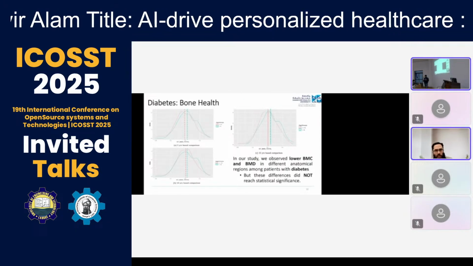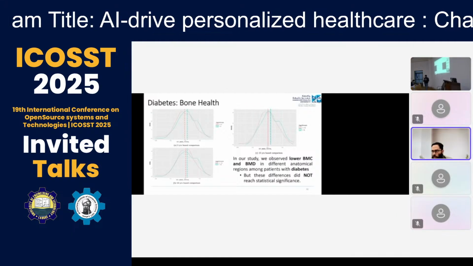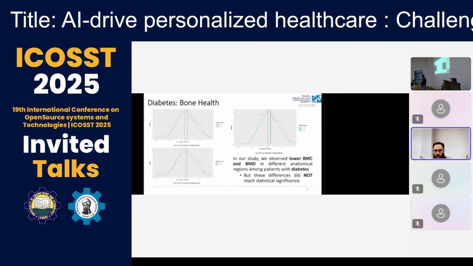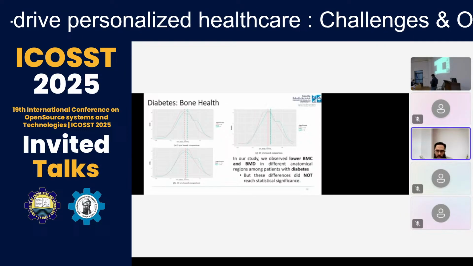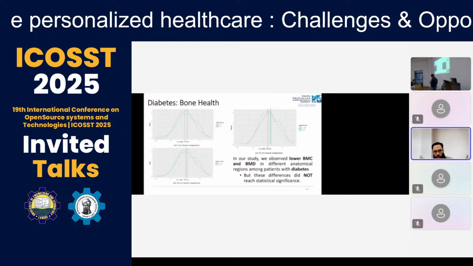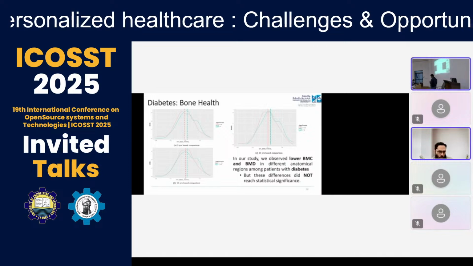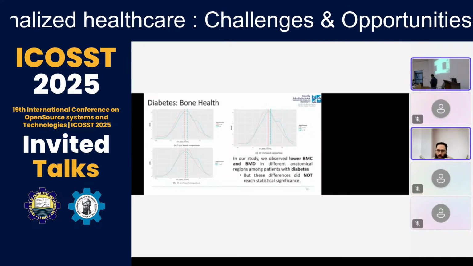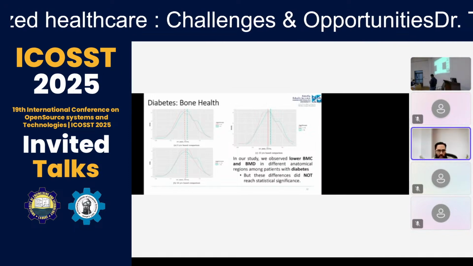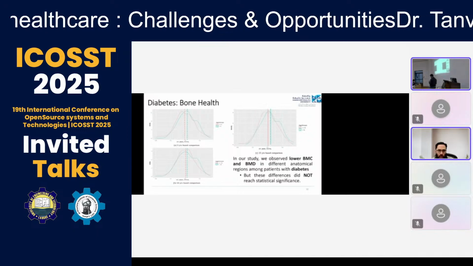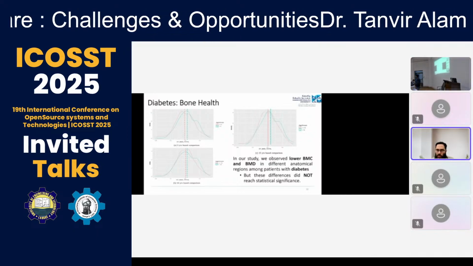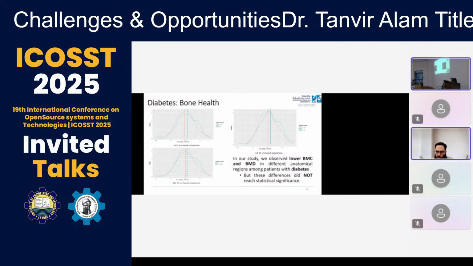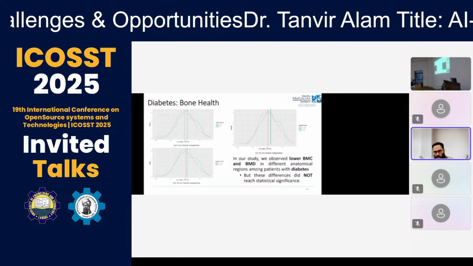Based on their bone health analysis from the DEXA machines, we found lower bone mineral content and bone mineral density in different anatomical regions of the body in the diabetic cohort, but those differences are not statistically significant. So we conclude that though diabetes has some impact on bone health, the impact is not that severe for 5 to 15 years of diabetic prevalence patients.